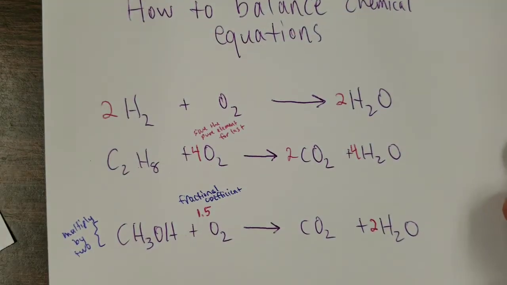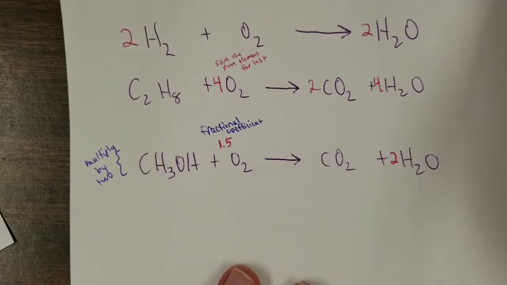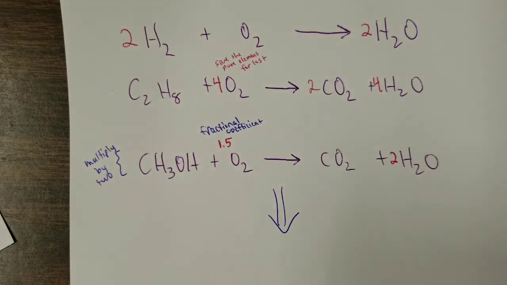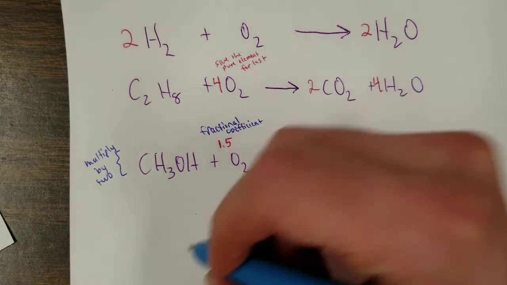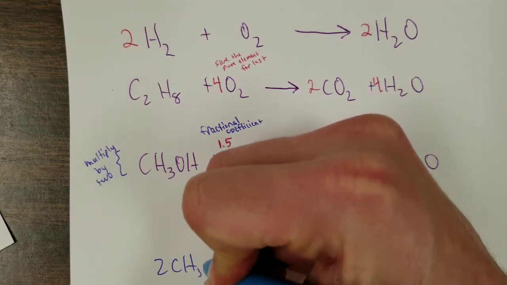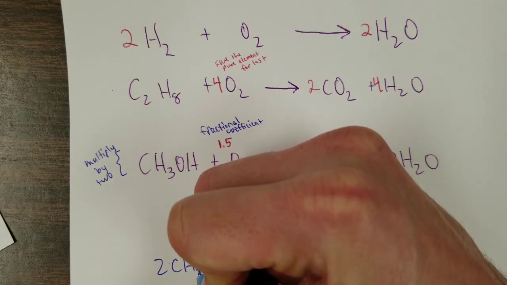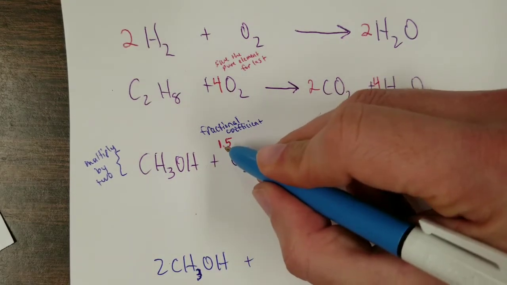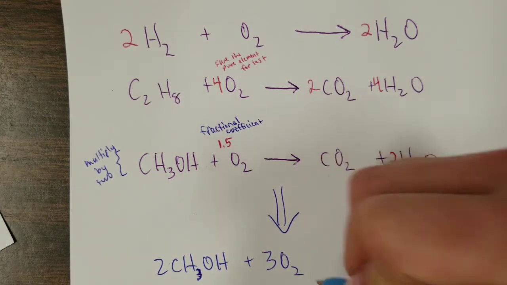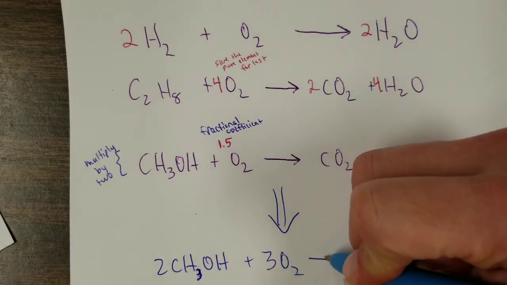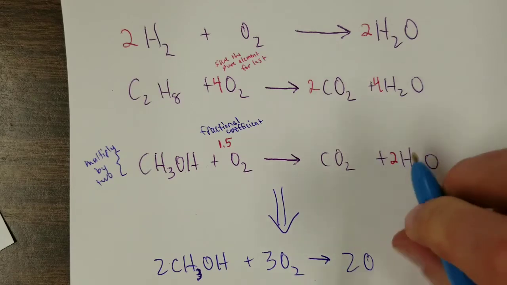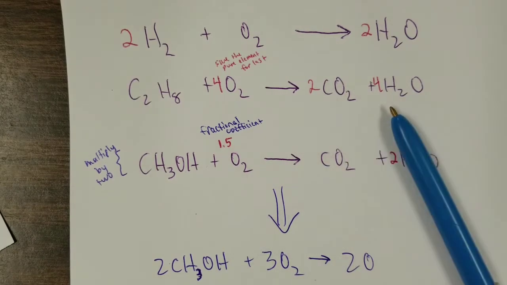And when you do that, your final answer, I'll put that down here, will be 2 of these, 2CH3OH, a little messy there, but you get the idea, times this by 2, 3 oxygens, and that produces, let's see, this times this by 2, 2 carbon dioxides. Let's see if I have a whiteout handy. Yes, I do.